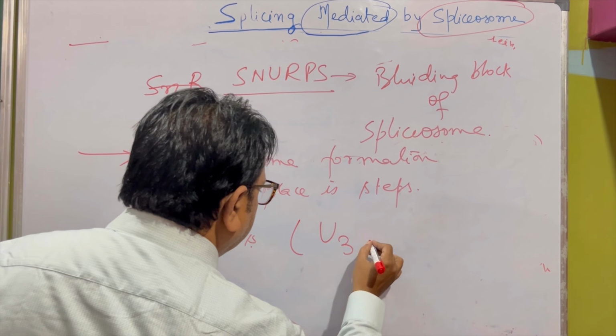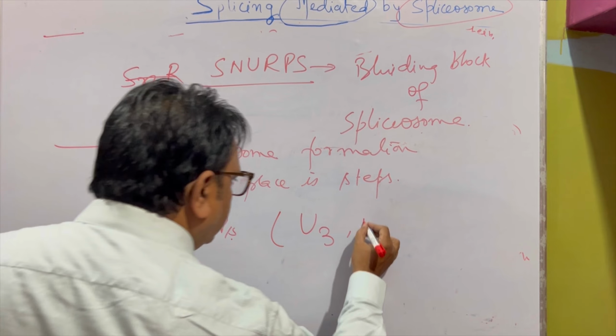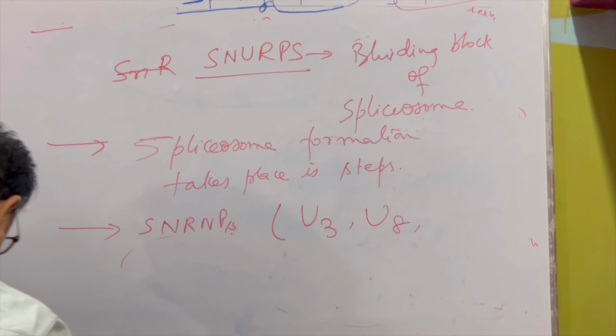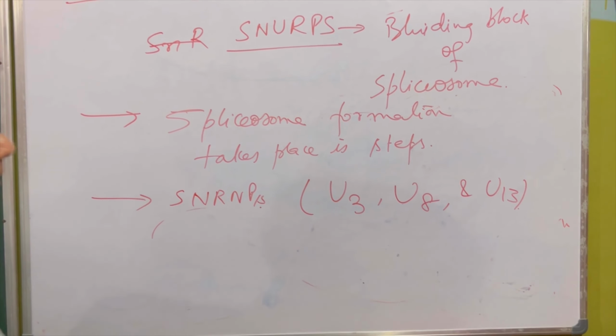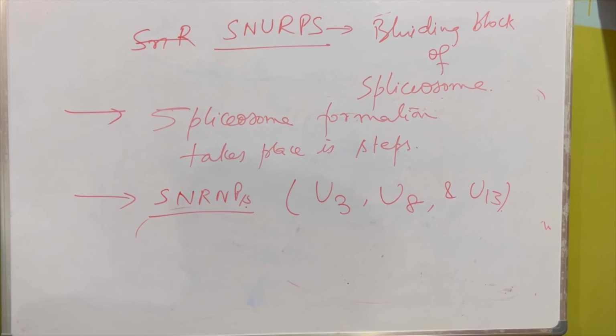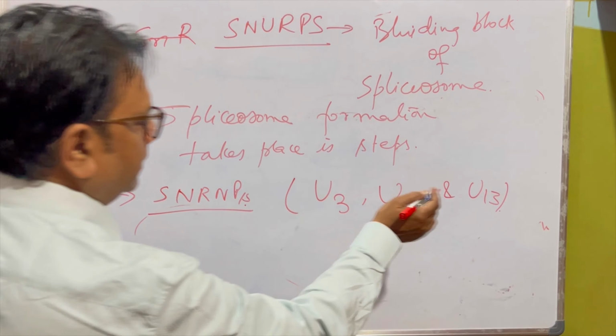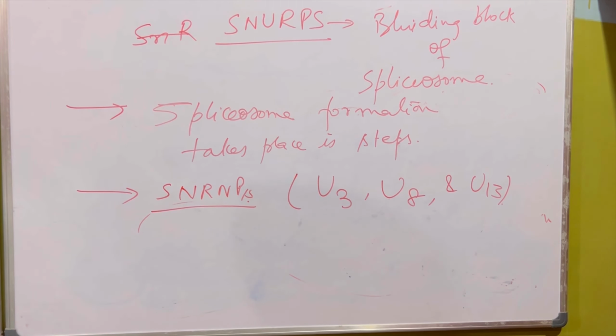Let us talk about U3, U8 and U13. Obviously, we are talking about them in combination with protein, that is snRNPs.